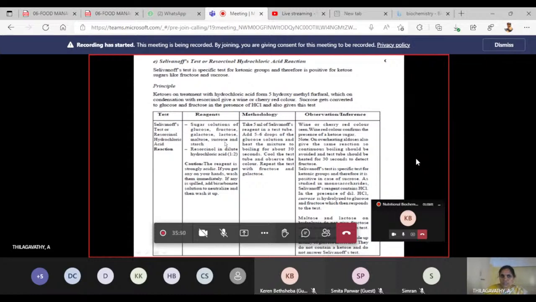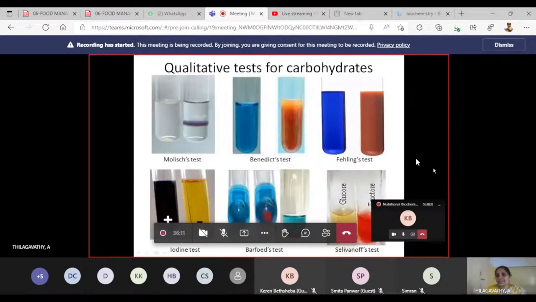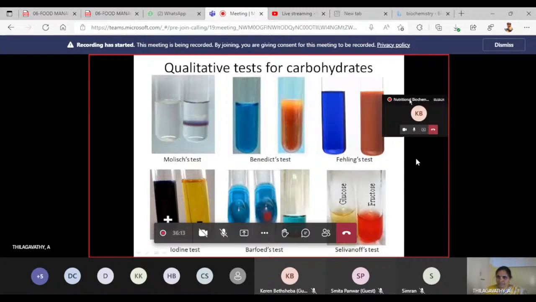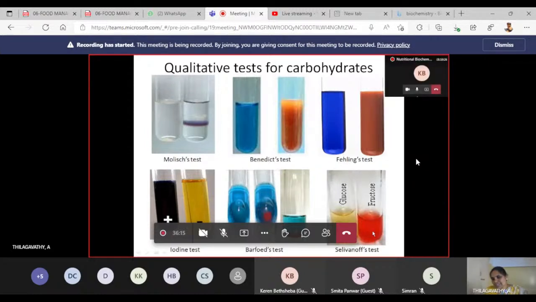So in this you'll use a reagent known as resorcinol in hydrochloric acid. So that's why resorcinol hydrochloric acid reaction. So you will take Seliwanoff's reagent, add few drops of sugar solution to it, and you will boil it, and after boiling if you get a cherry red color like this, it is a positive test.